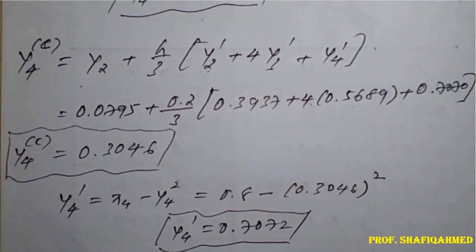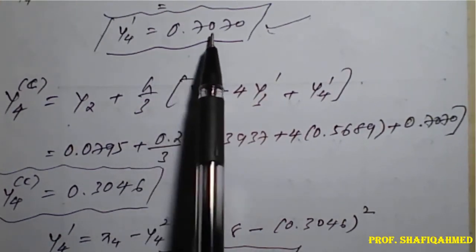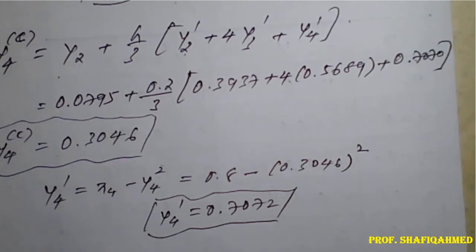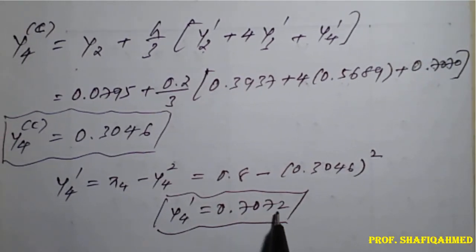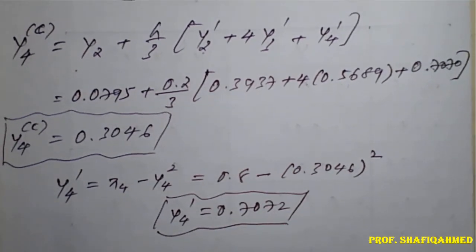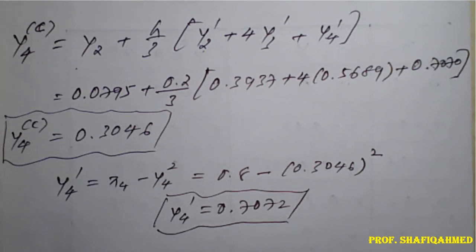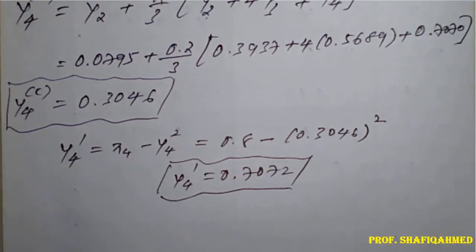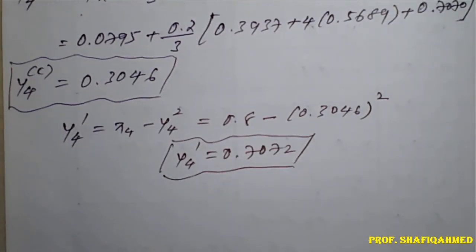This you can also check here. What we got earlier is 0.7070, but here it is coming 0.7072. We need to correct it, so we'll apply this formula once again. On applying these values once again, we'll see what happens.